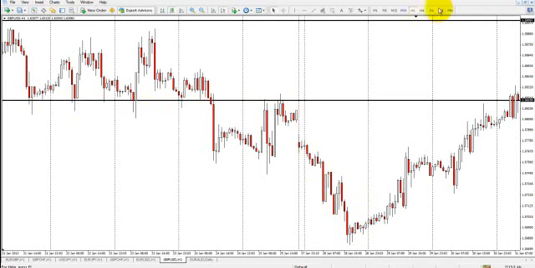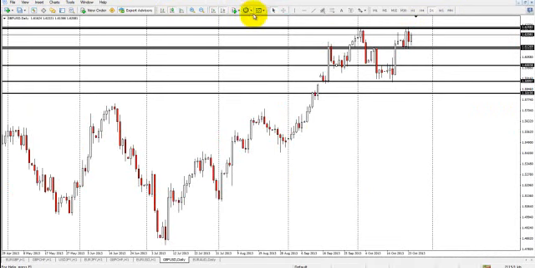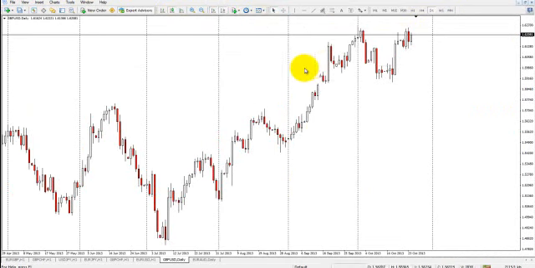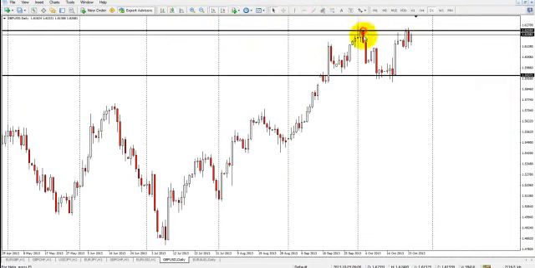Another way to look at support and resistance, and if we look at the day chart here, I'm going to clean off the chart. Now, if we decide to trade off the day chart point of view, then we're considering a lot more data, and these levels are a lot more significant.